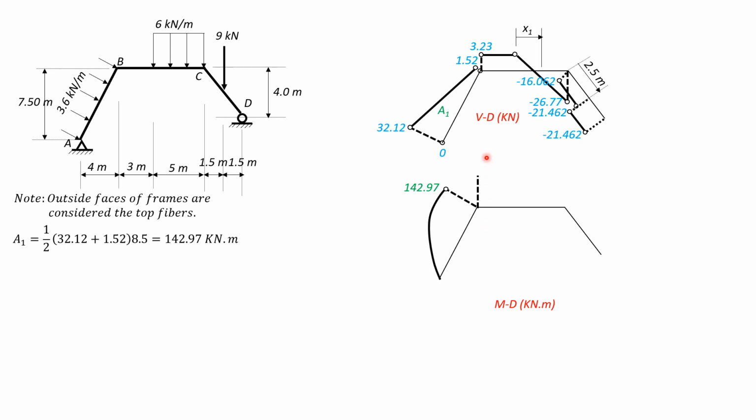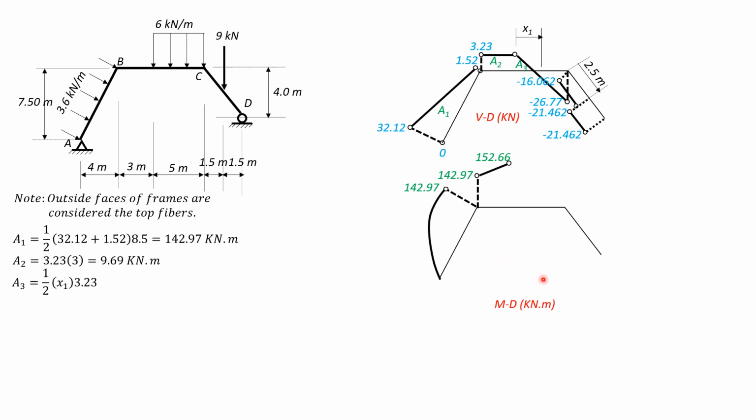Then here we have 142.97, the starting moment, then plus 3.23 times 3, so straight line up. Area 2 is 3.23 times 3, so 9.69 plus 142.97, so 152.66. Then let's solve for that x1. X1, the shortcut is 3.23 divided by 6, the loading.